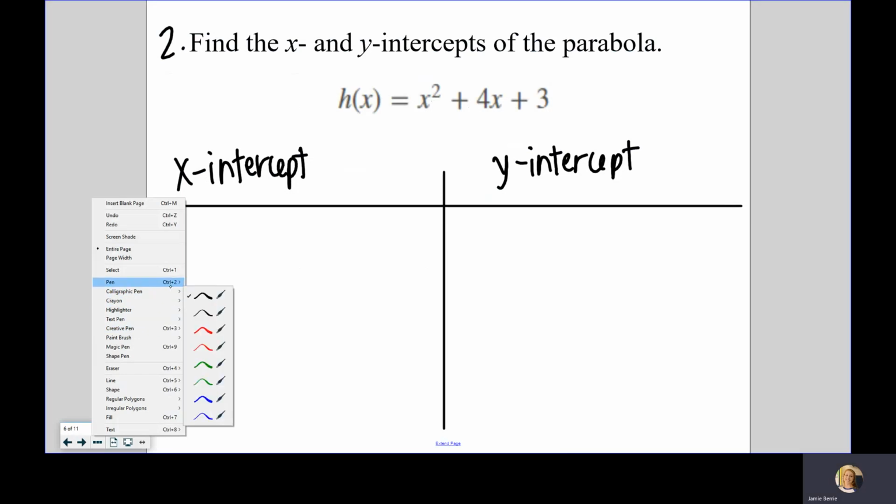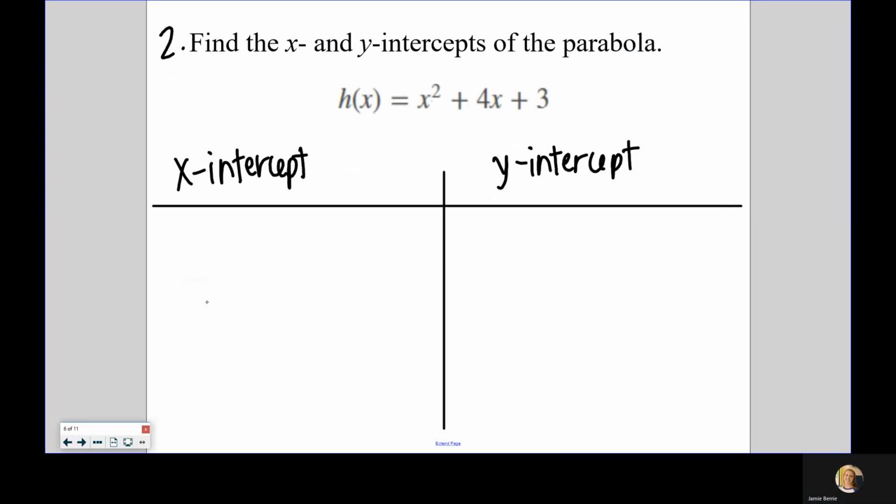All right, so let's write down the steps for finding the x-intercept. If you remember from the last page, it said to find the x-intercept, you replace y or f of x, in this case it's h of x, with 0, and then solve for x.